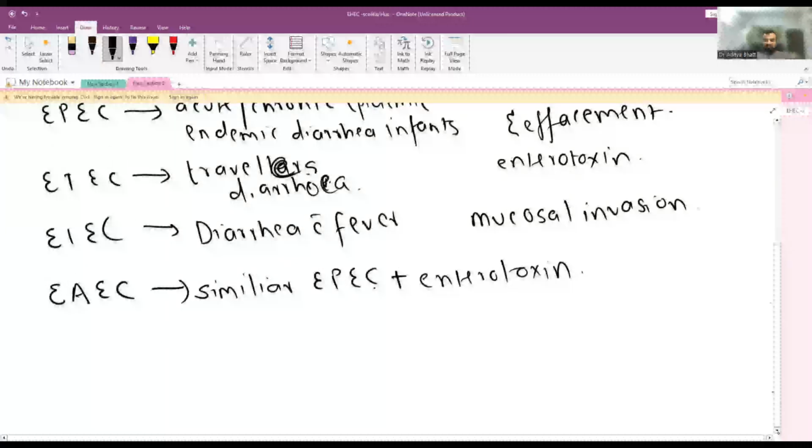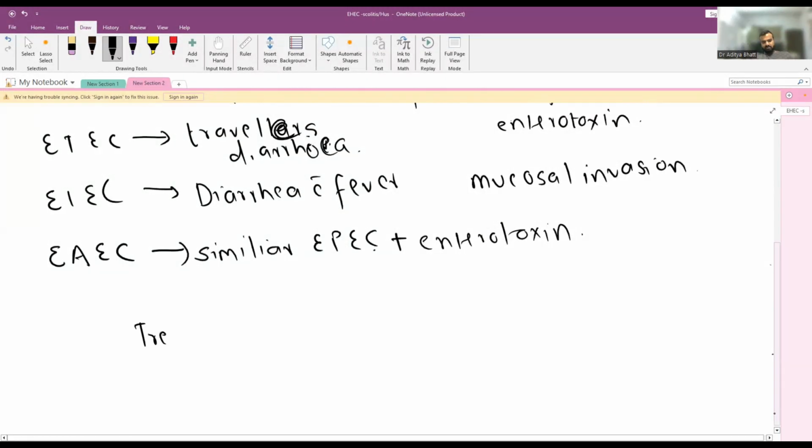Now, how to treat the patient? Treatment is very important. Why? Because you have to understand one thing, that Augmentin, like co-amoxiclav, and ampicillin are inherently useless for E. coli.